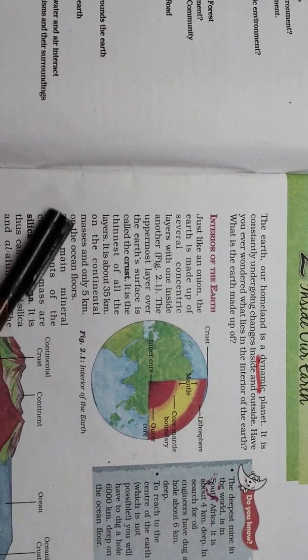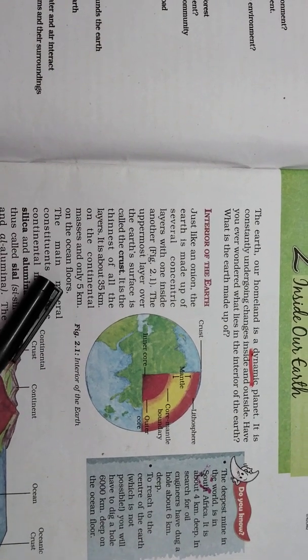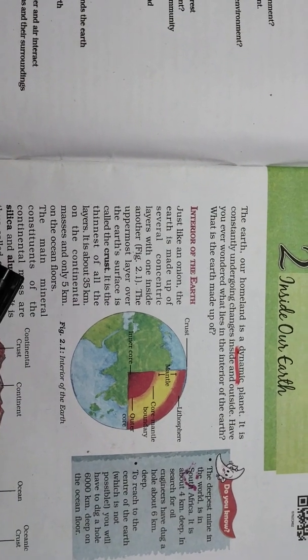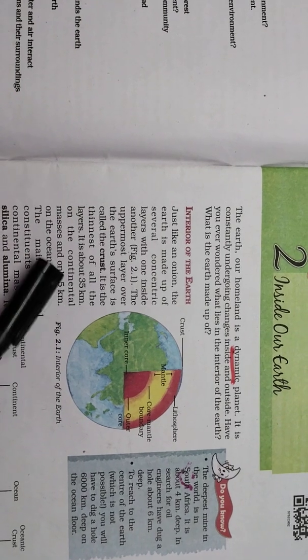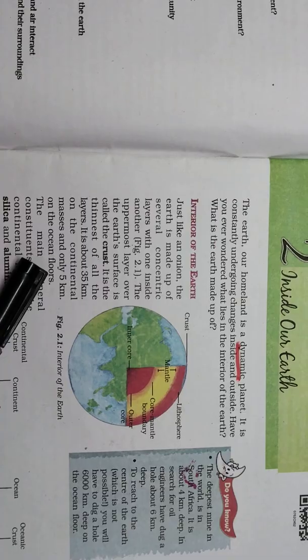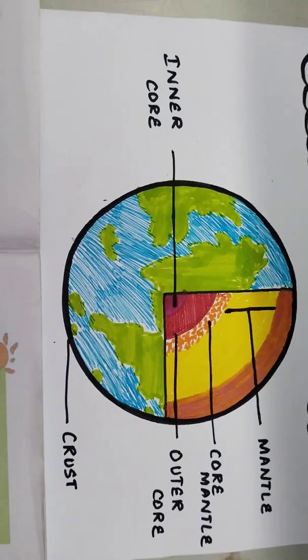What do you mean by continental masses? Continental masses means the place where we live. So here you can see it is about 35 km where we are living, on the continental masses, and 5 km on the ocean floors. So we learnt about the crust.